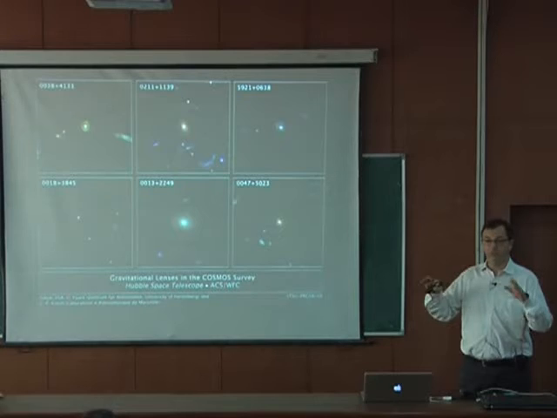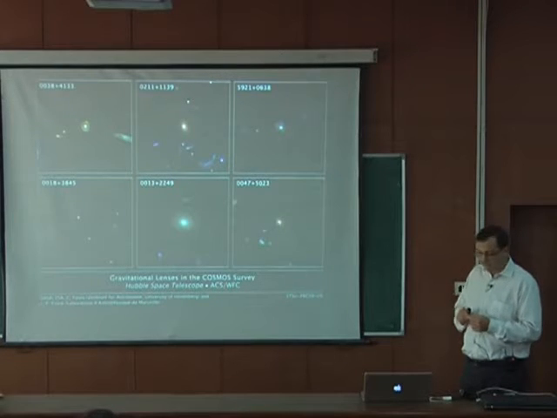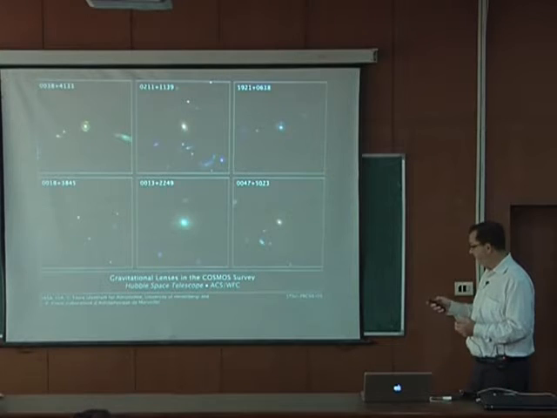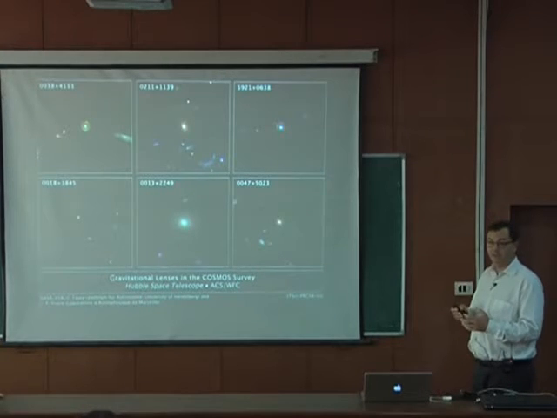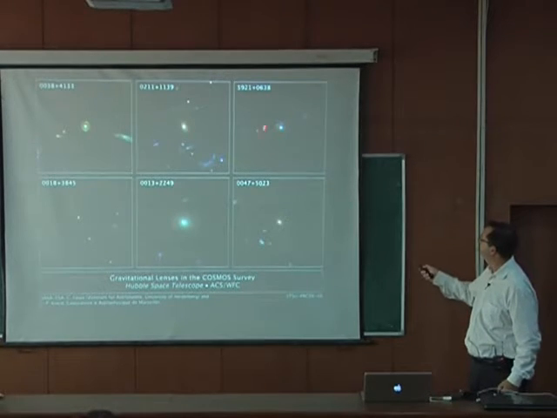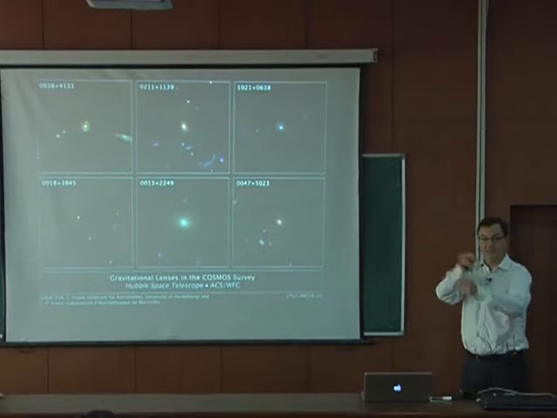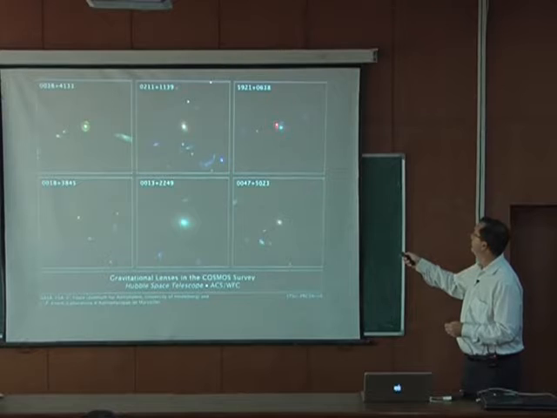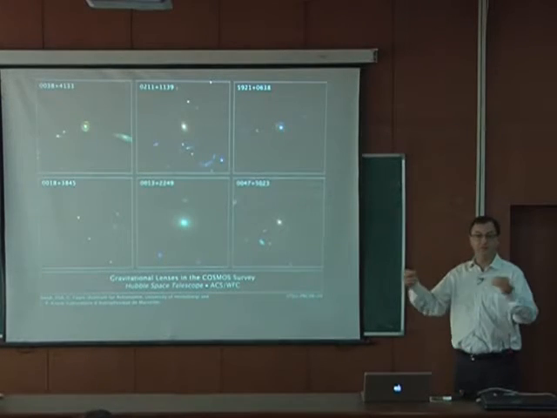There's also noise in the system, in the measurement. It turns out there's also microlensing, which causes a problem because there are also stars inside the lens galaxy that are moving around, and that tends to produce amplification and de-amplification of some of the images and not the others.